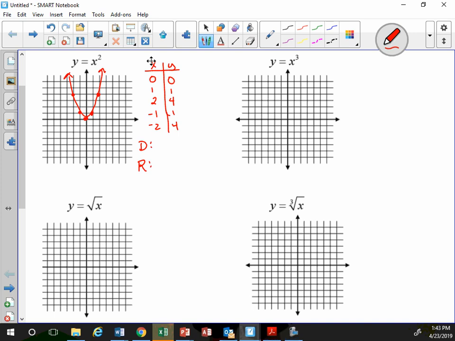We're going to write the domain and range. What do you think the domain is for that parabola? It is all real numbers. Same rules as last unit still apply for looking at domain. If there's not a fraction and there's not a square root, then you're just going to tell me all the numbers. Okay?